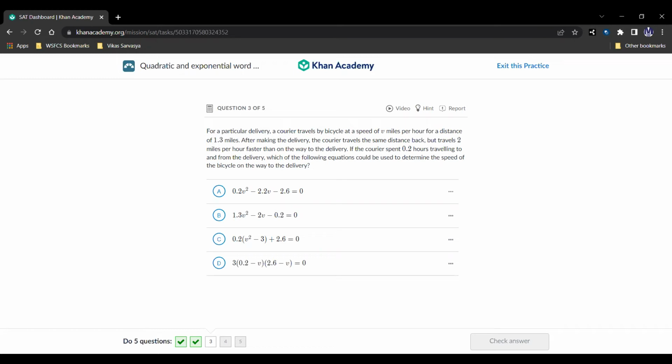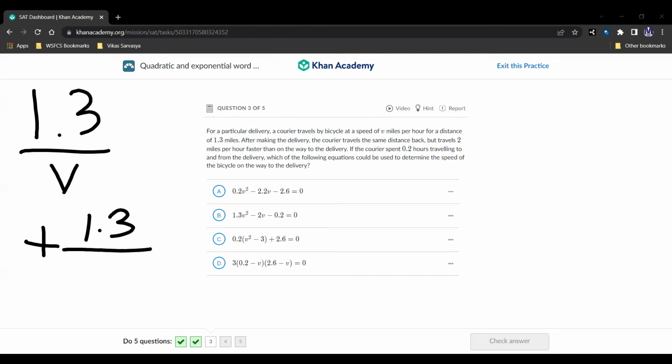We can do the same process as last time. So we have 1.3 miles over v plus 1.3 miles over v plus 2, because we sped up. And that's going to equal 0.2 hours. And multiply out by v and v plus 2.